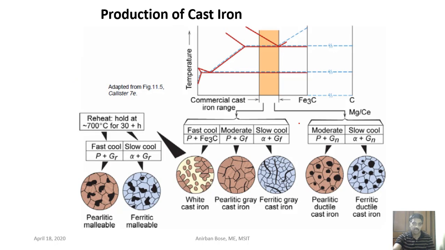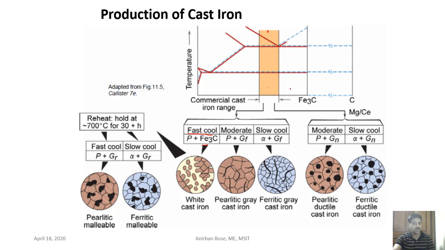If your cooling rate is very fast, the final structure will be pearlite and Fe3C. This is very simple, because austenite and Fe3C will be there, and since you are cooling it very fast, it will not produce graphite. So the final structure will be pearlite and Fe3C.